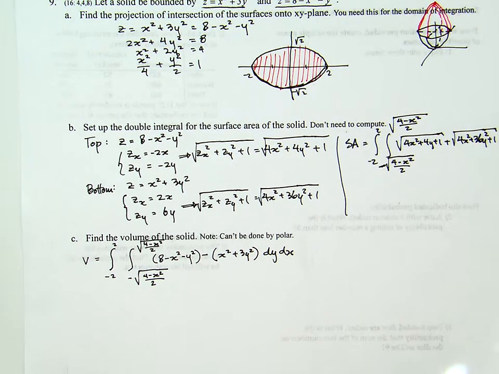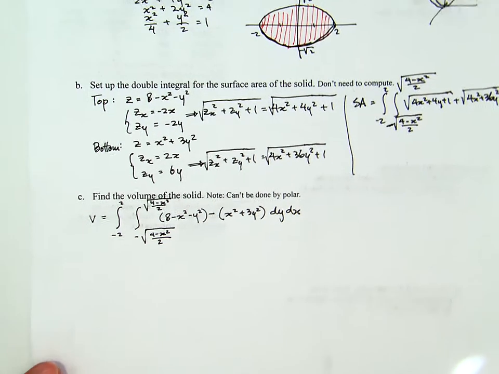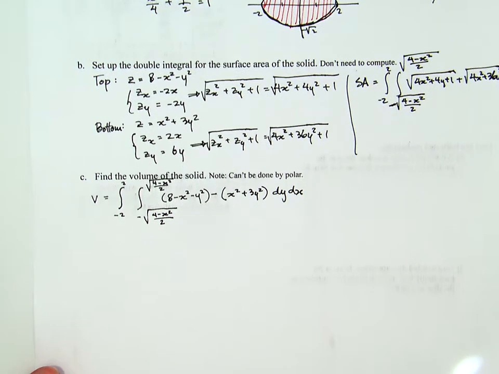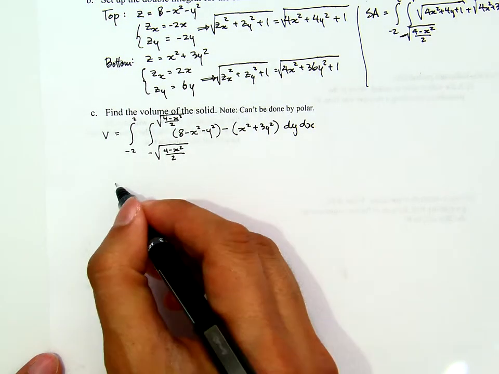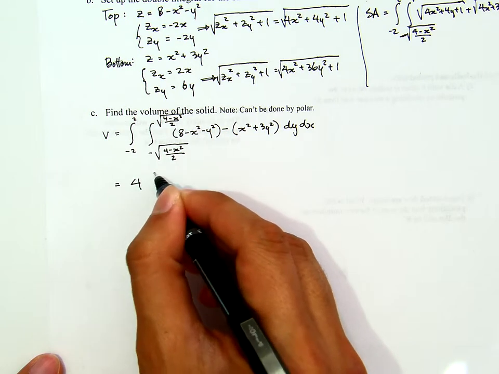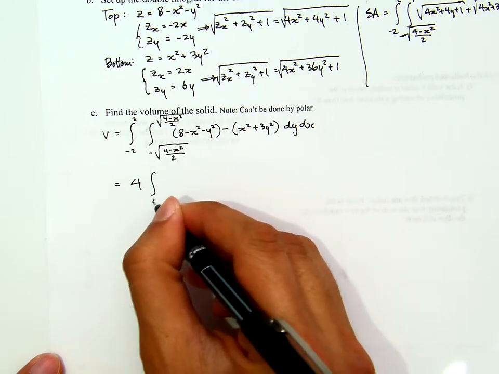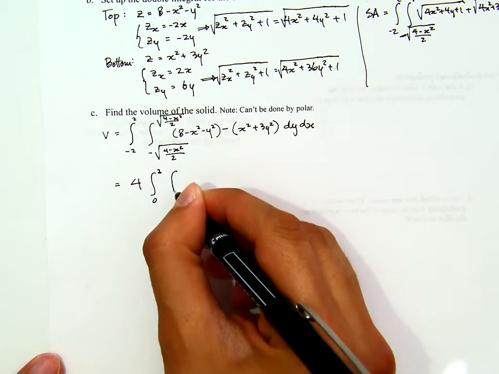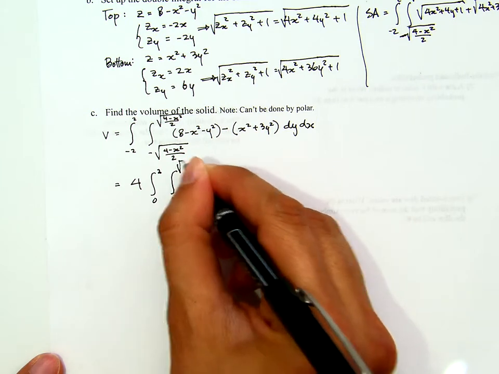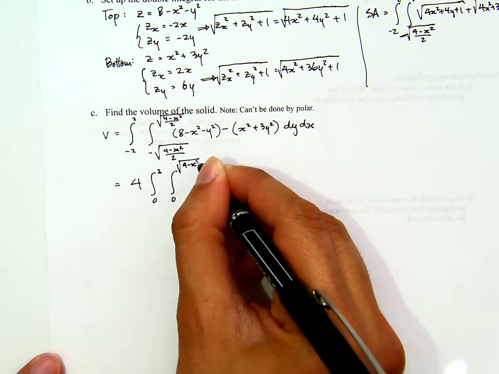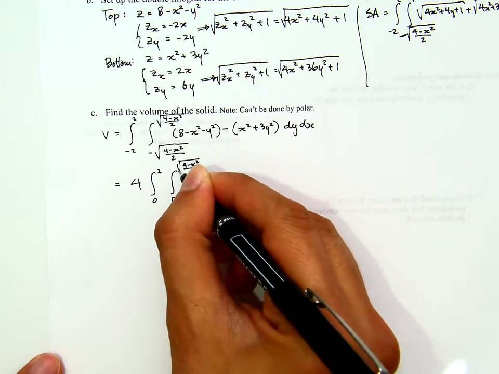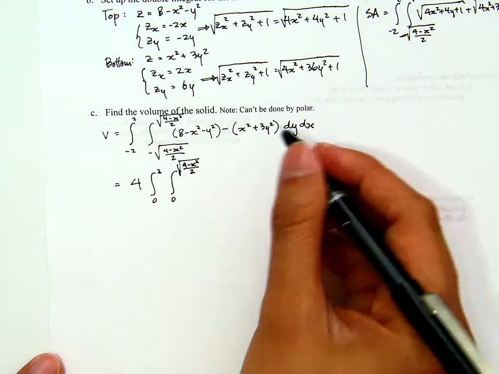Now we do expect that this solid is symmetric with respect to the xz plane and the yz plane. Therefore, I will use the symmetry and make it into 4 parts, and the integral now will be from 0 to 2 here, and the one here from 0 to square root of (4 minus x squared) over 2. Okay, now let me simplify the one inside.